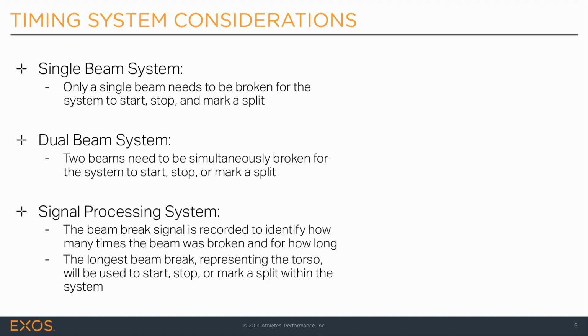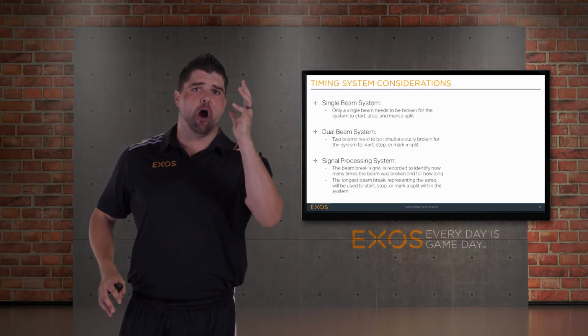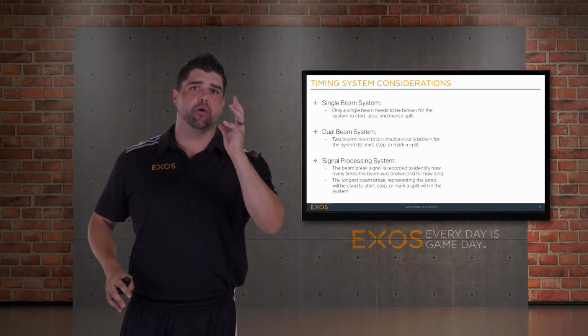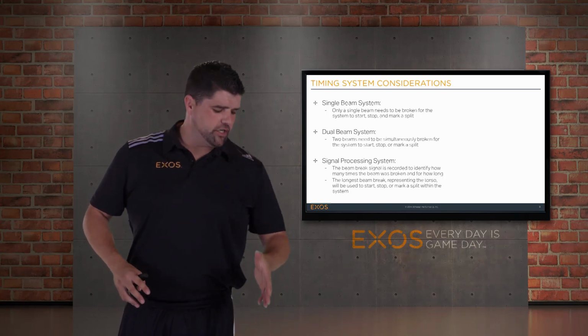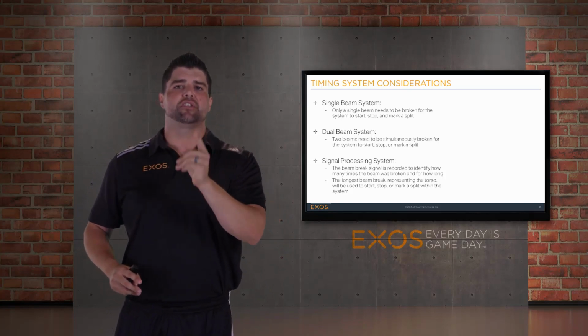With a dual beam system, two beams need to be simultaneously broken for the system to start, stop, or mark a split. Therefore, now imagine these systems are a little bit taller. They have two beams coming out. Therefore, as I'm crossing, imagine my arm in this case, again, is the first thing to go through. Well, the fact of the matter is, my arm is going to cross one beam and then the second beam, but it's not going to break them at the same time.